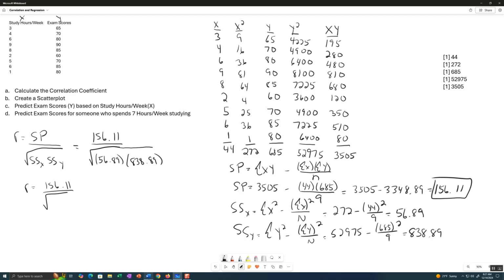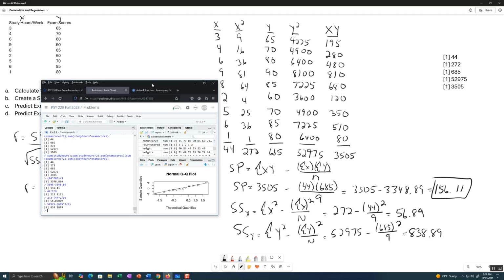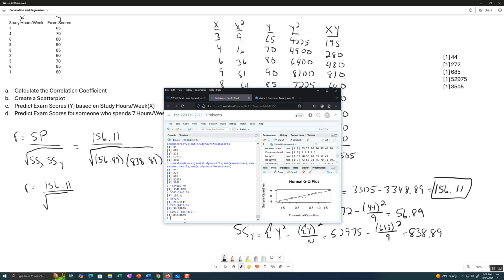I don't know what the product is of this. Let's look. 56.89 times 838.89. Let's do the square root of that. So I'm just going to skip that step and do the square root of that product. And that's going to be 218.